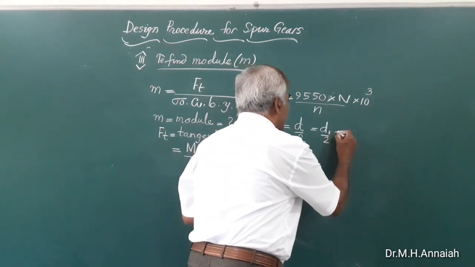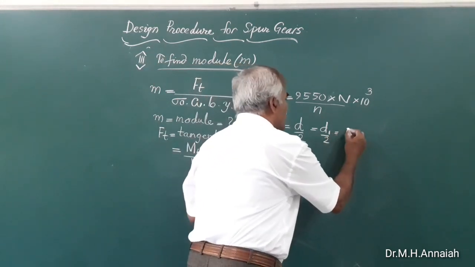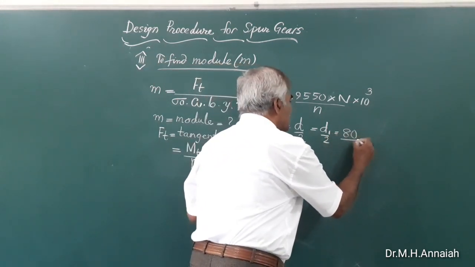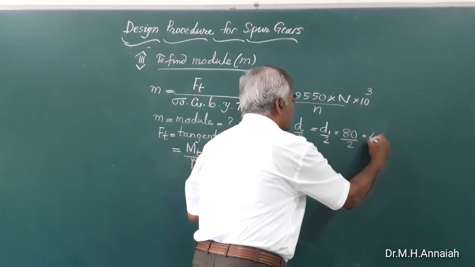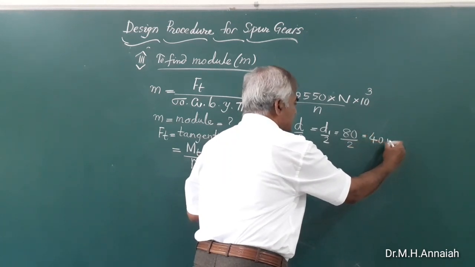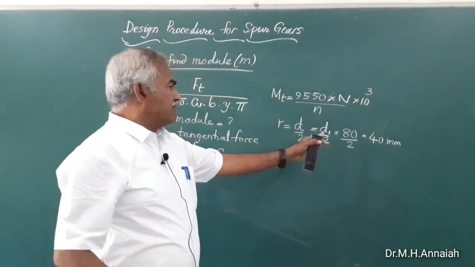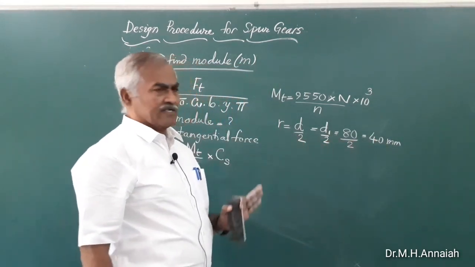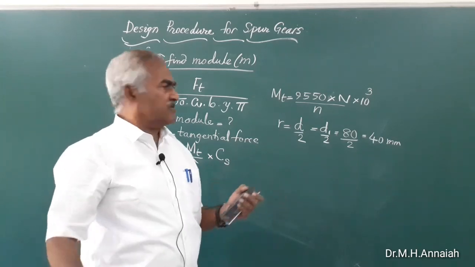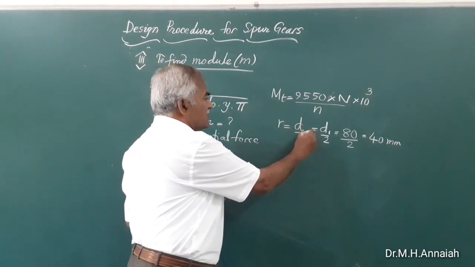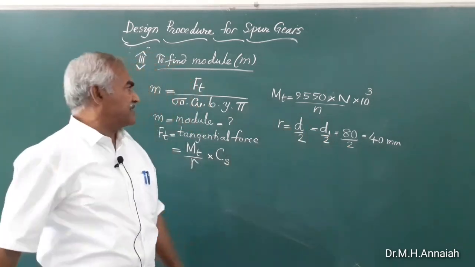Suppose say pinion has got a diameter 80 mm, that is by 2, I can say 40 millimeter. I have taken this as an example. The diameter is equal to 80 mm, the radius is equal to half of that. I have taken pinion as the weaker member. So, this R is equal to d by 2, d1 by 2 for pinion.